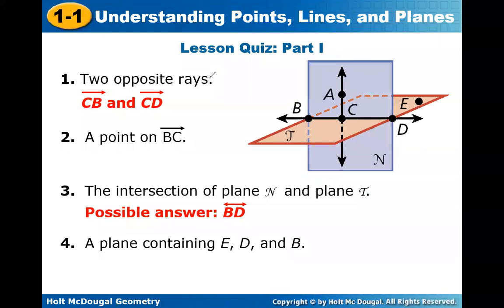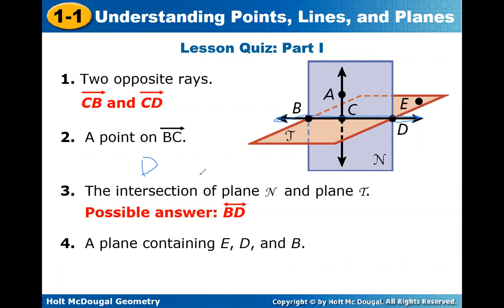Otherwise, a point on BC, well, BC is the line. I could say that D is the point that lies on BC. I can actually just put D. I don't have to put that point next to it.